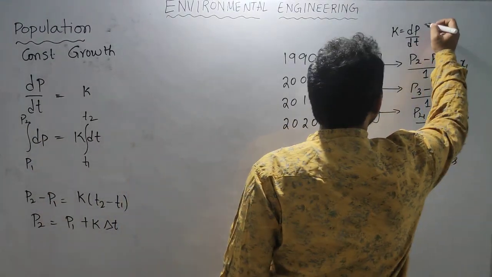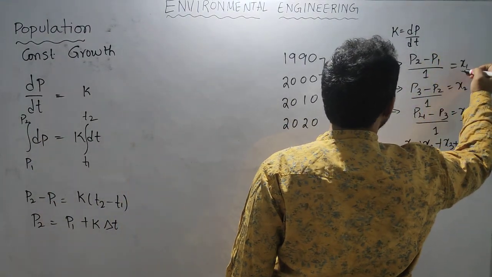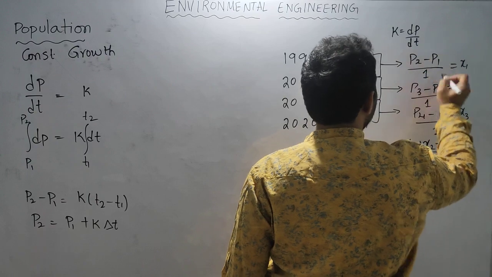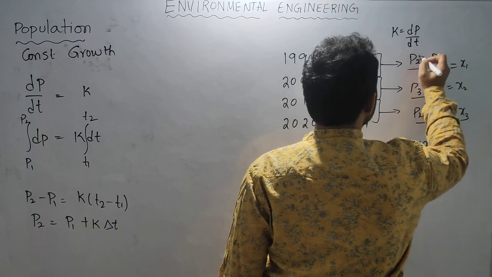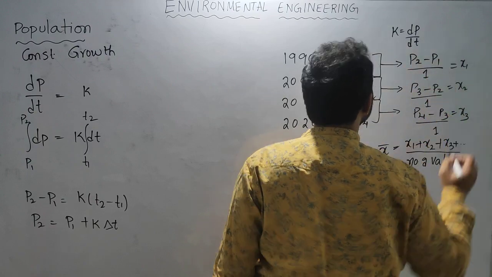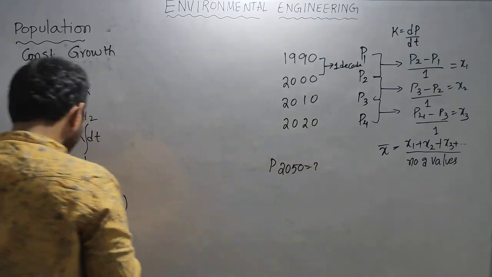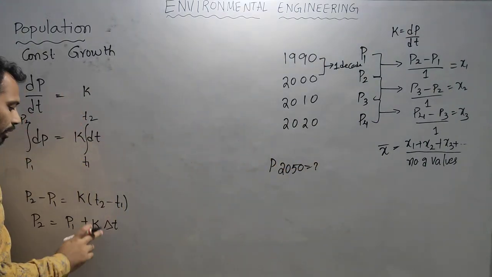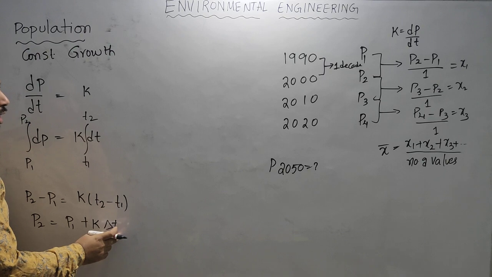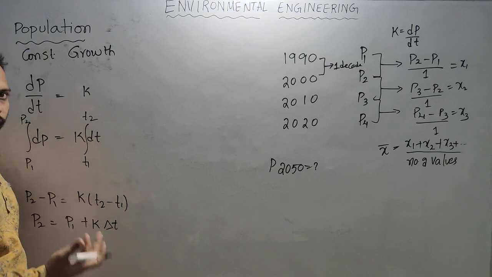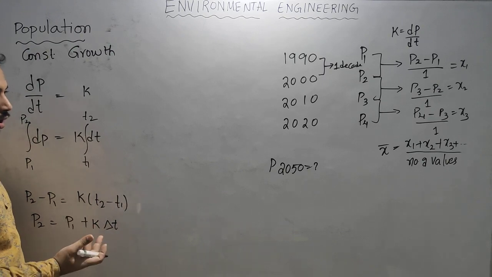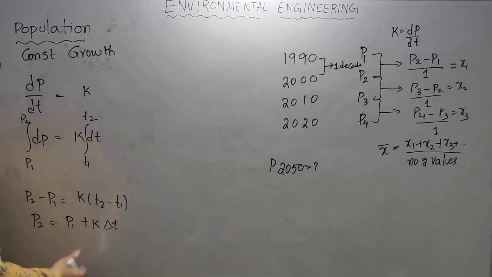If the unit of this is population per decade, then delta T unit should also be in decades only. Then decade and decade will get cancelled, and you will get the population.